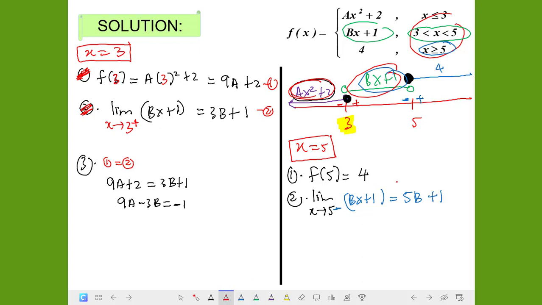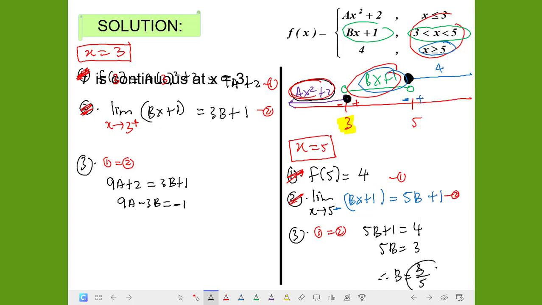On this part, this is equation 1, equation 2. The third step here, equation 1 is equal to equation 2. Then 5b plus 1 is equal to 4. 5b is equal to 3. Therefore, b is equal to 3 over 5.